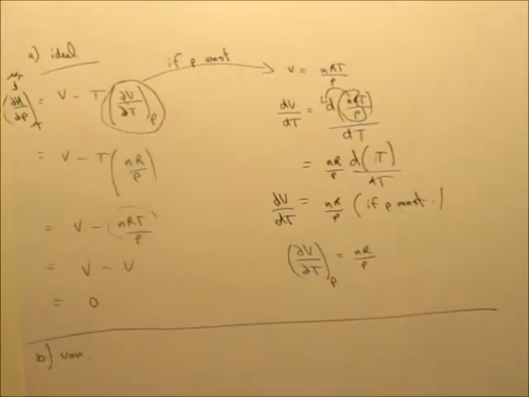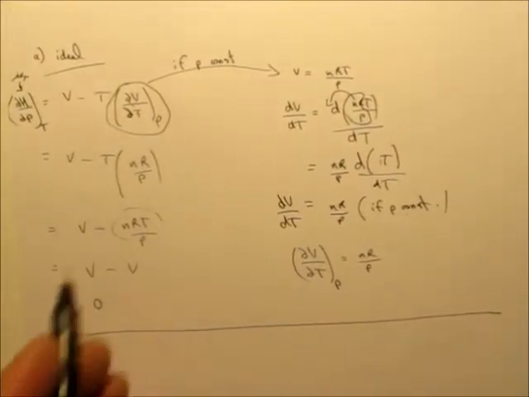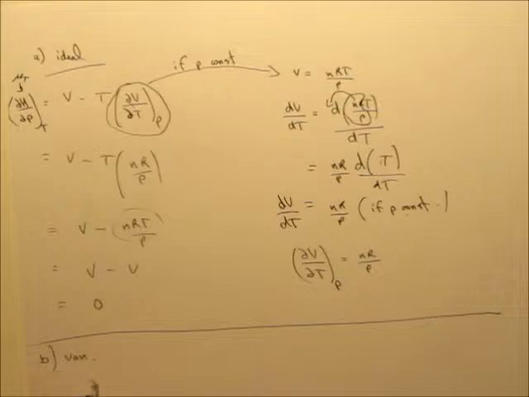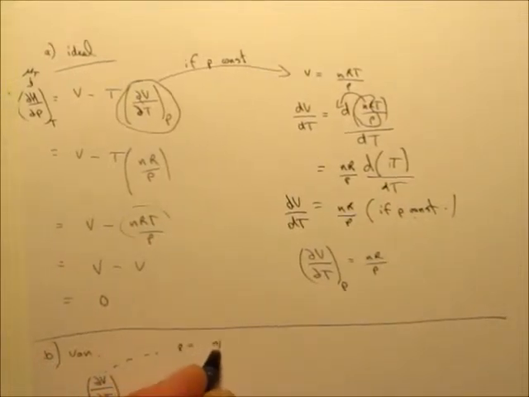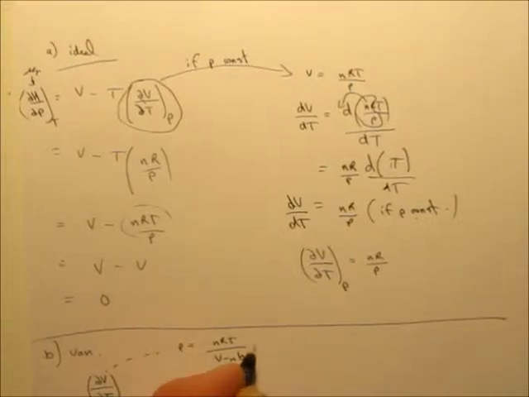And if you look at a van der Waals, what we've already talked about, we cannot get V by itself directly. So the van der Waals looks like nRT over V minus nb minus an squared over V squared.